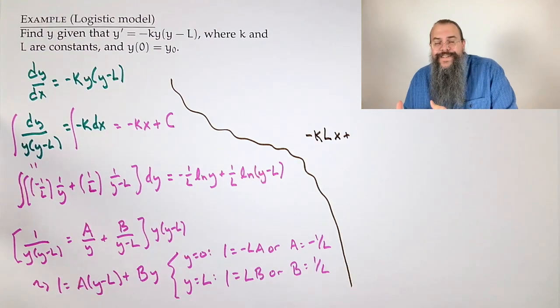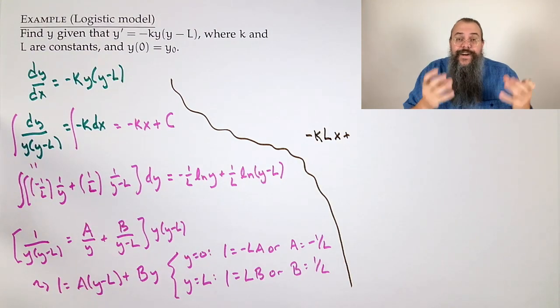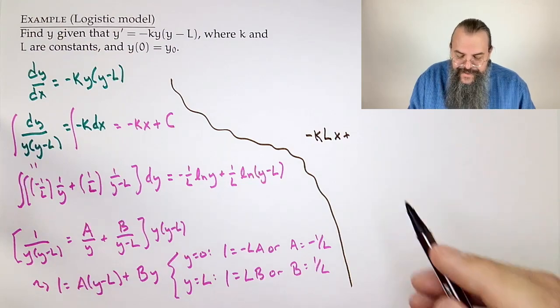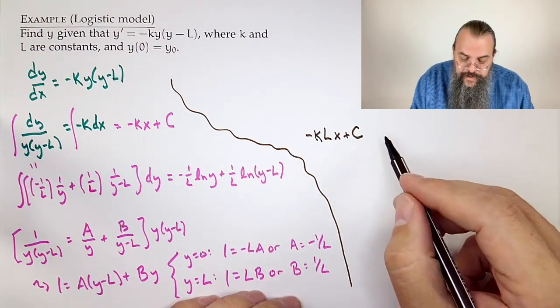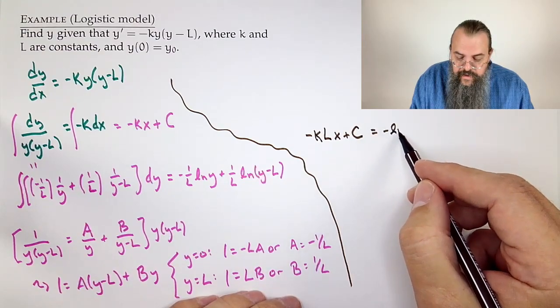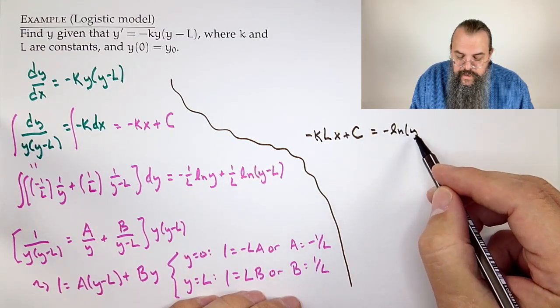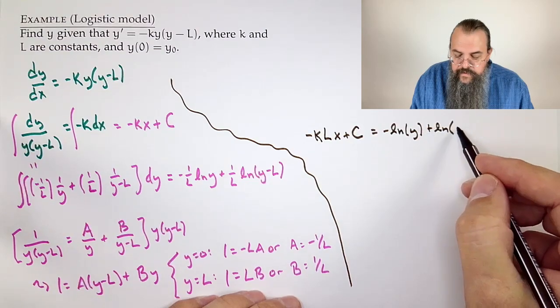Well, L is a constant, c is a constant, and constants absorb constants. So, all right, plus some constant c is equal to minus log of y plus log of y minus L.